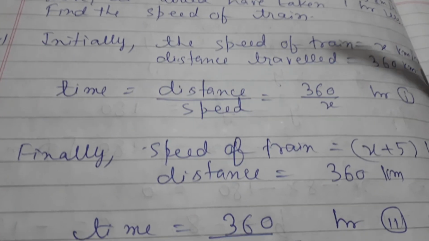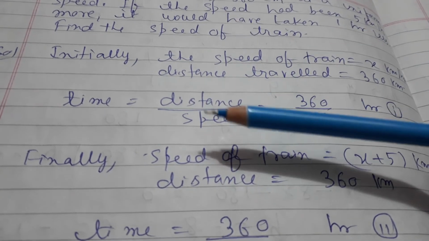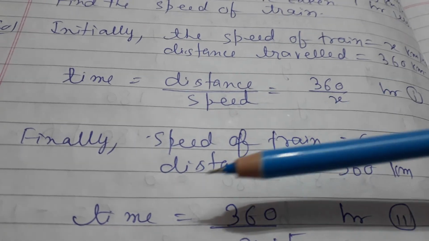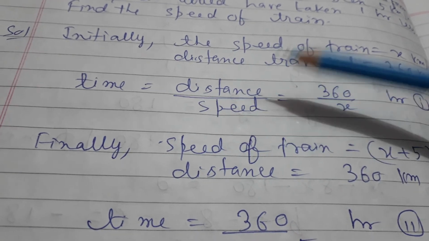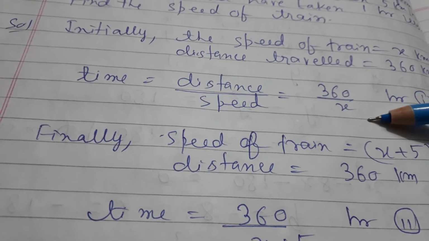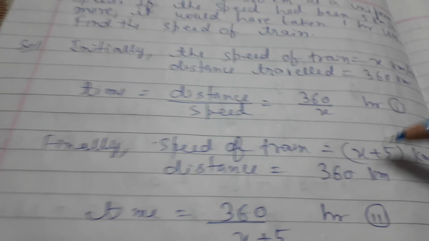The speed of the train changes. Initially the speed of the train equal to x km per hour, and the distance travelled is given as 360 km. So the formula of time equal to distance by speed. So 360 by x, and the unit is hour, and this is equation number 1.